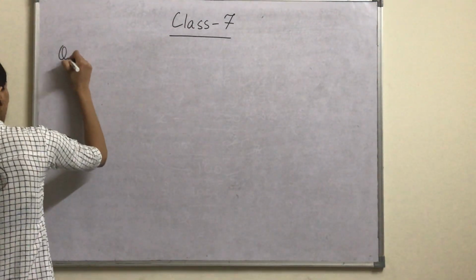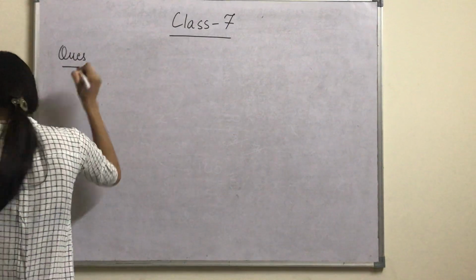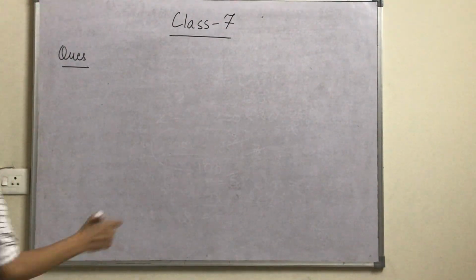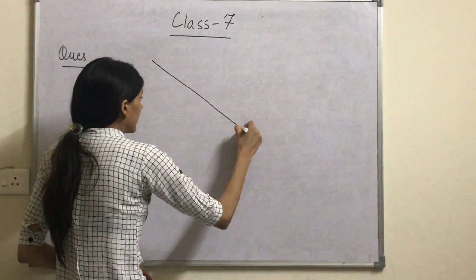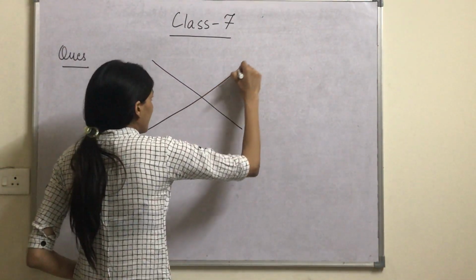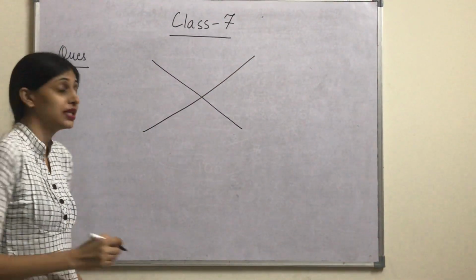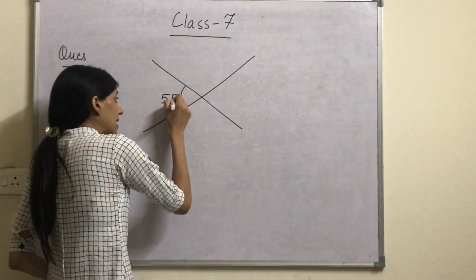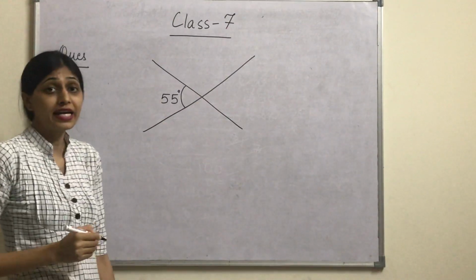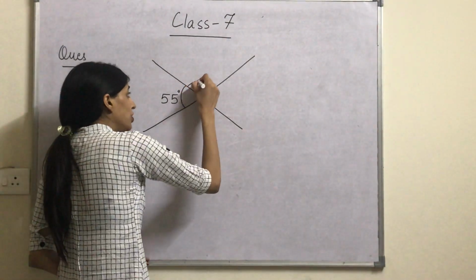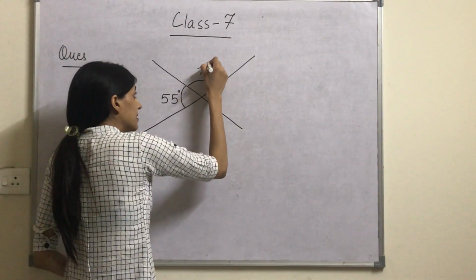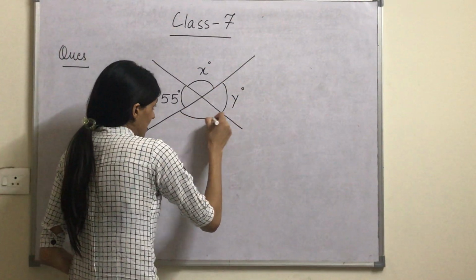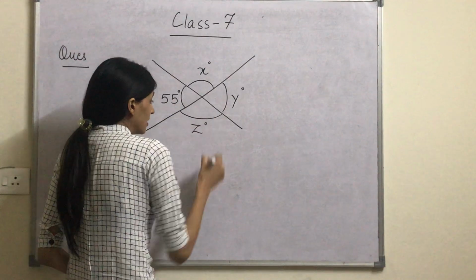The first question given to you is: two lines are intersecting each other. This angle is given to you as 55 degree and you have to find out this angle, and this angle.